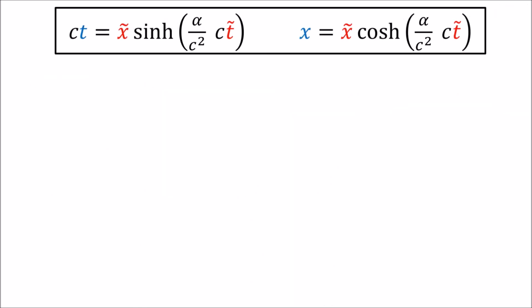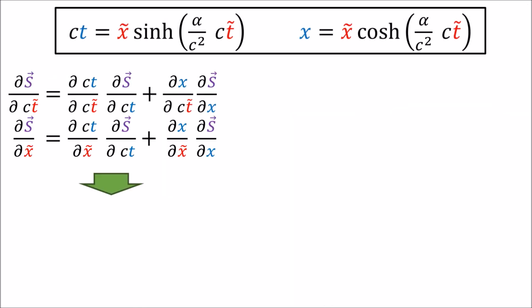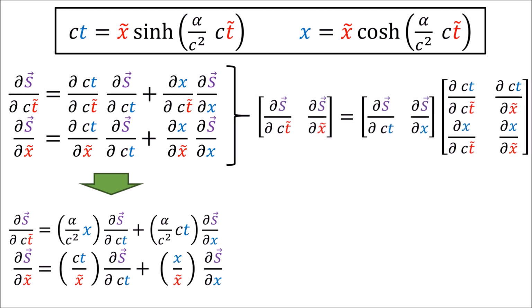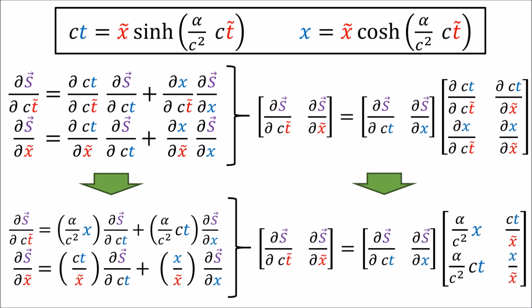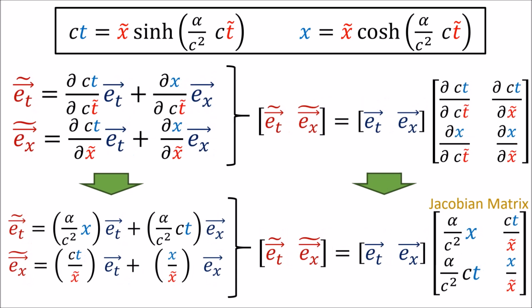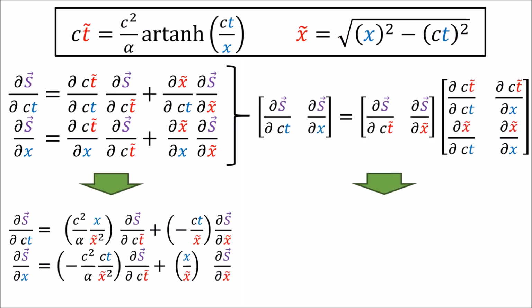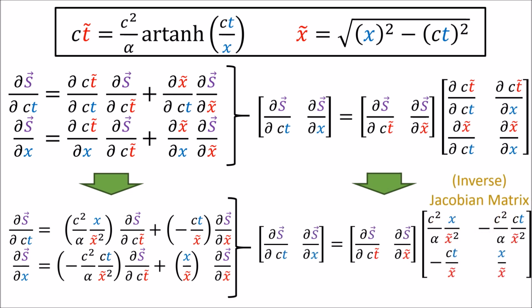These two facts allowed us to find basis change equations from inertial coordinates to Rindler coordinates, summarized in this matrix equation with the Jacobian matrix. And we can rewrite all these equations with the standard basis vector notation instead of the tangent vector notation. And we also learned how to do this in the reverse direction with the inverse Jacobian matrix.